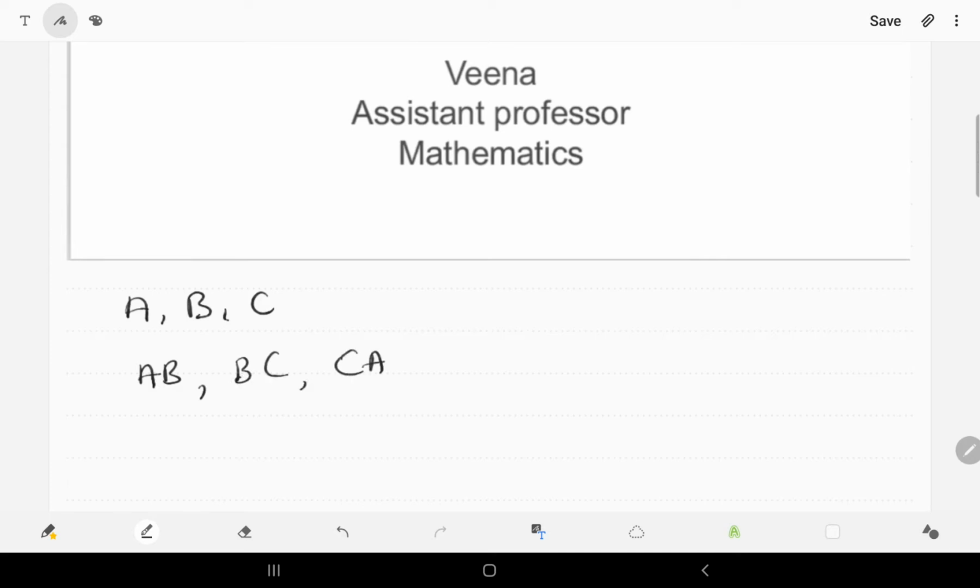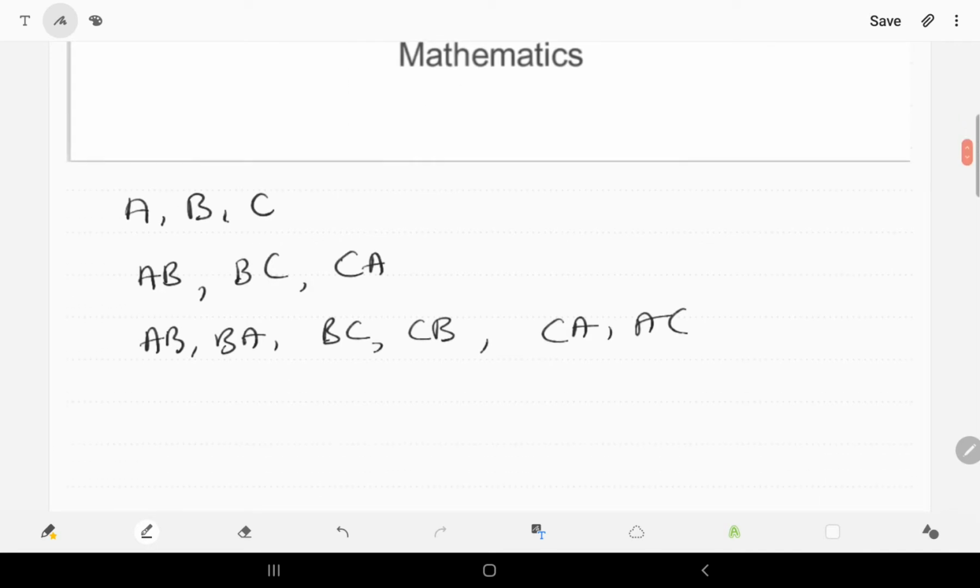There are three selections. But if you give importance to the arrangements also, then AB, BA, BC, CB, CA, AC. There are six different ways we can arrange. So this selection is called combination and this arrangement is called permutation.